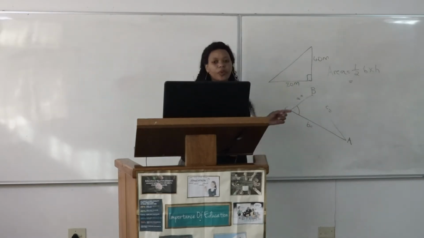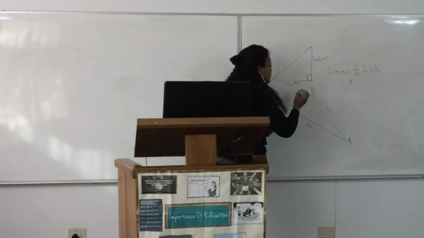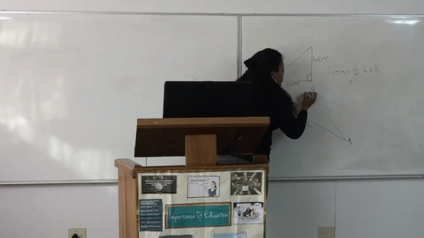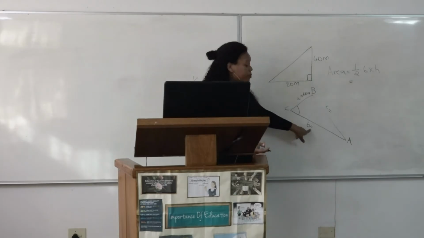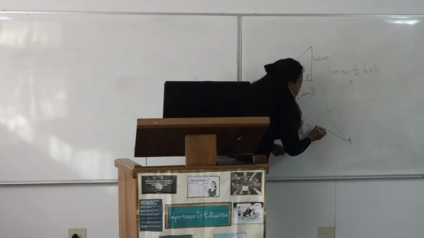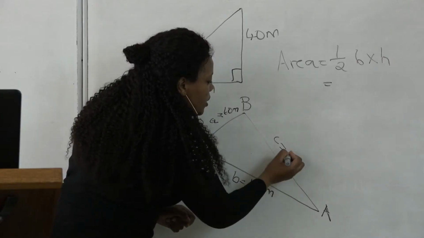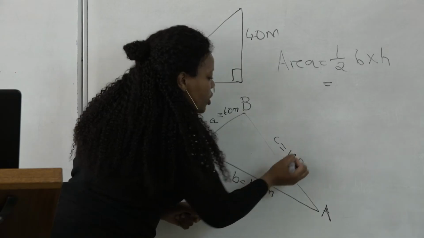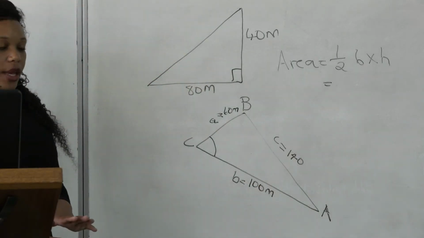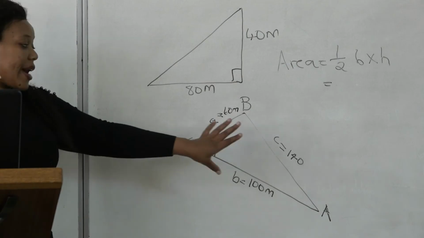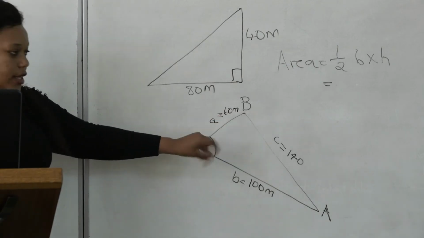Our first side, we were told that it is 60 meters, and b is 100 meters, and c is 140 meters. Okay, so now you have your rough sketch of the triangle.